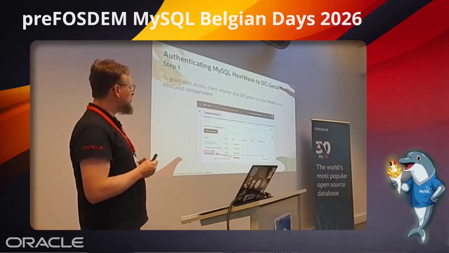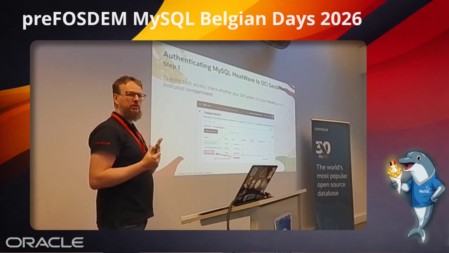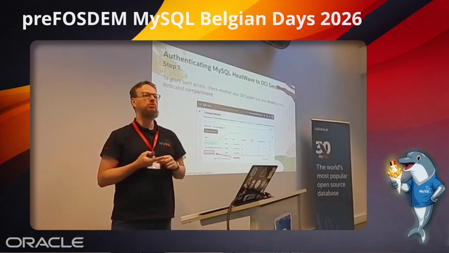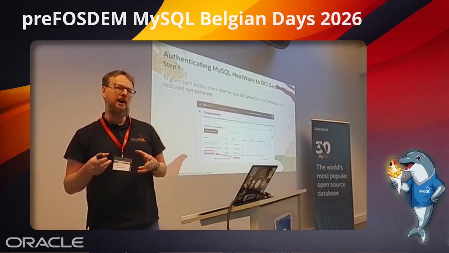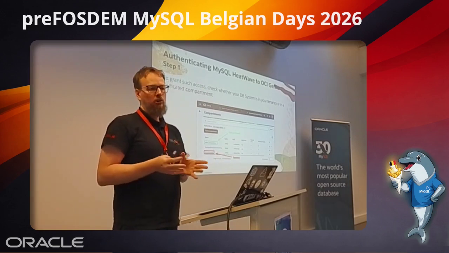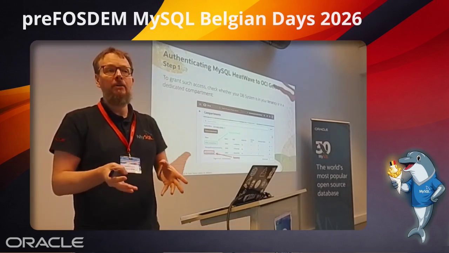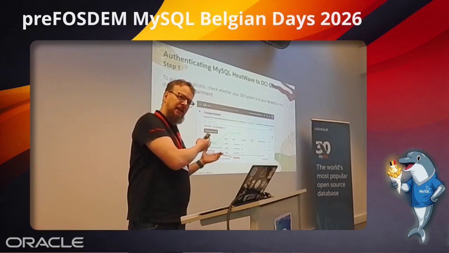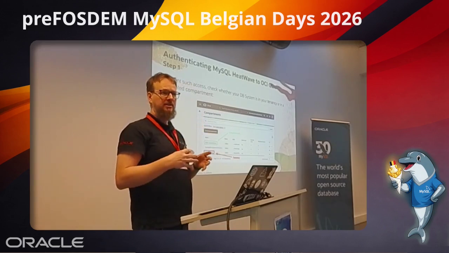The first thing to do is to see whether I am in a tenancy or in a compartment. Do you want to provide access to the LLMs in all my tenancy, or only for my database? Because it's not the application that will access the LLMs, it's the database, right?